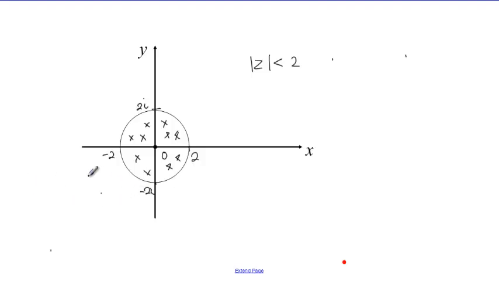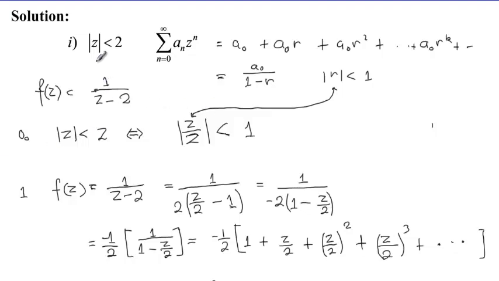So maybe before we pass over, let's just quickly summarize what we've done here. What we were given is the function f of z equals 1 over z minus 2, and we wanted to develop this as a power series, not necessarily as a power series of r, but as a power series of z. But given the condition here, we had to analyze it, and this condition was equivalent to absolute value of z over 2 less than 1.